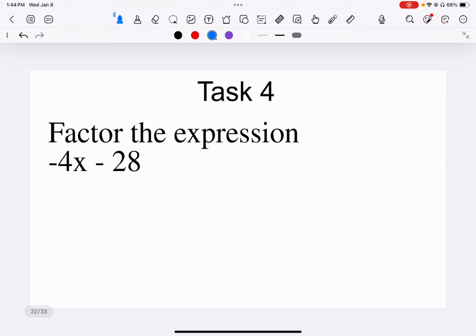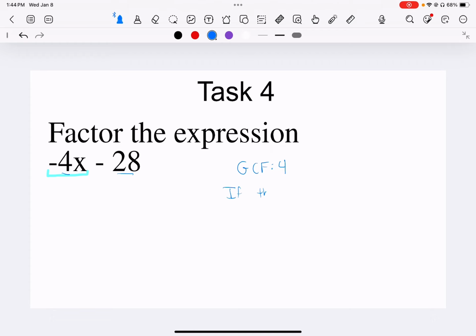Factor this expression. Same thing, we're going to look for our GCF. Our GCF of 4 and 28, we could just look at the numbers, is 4. Now this is a key part to remember. Here, our leading coefficient was a negative.